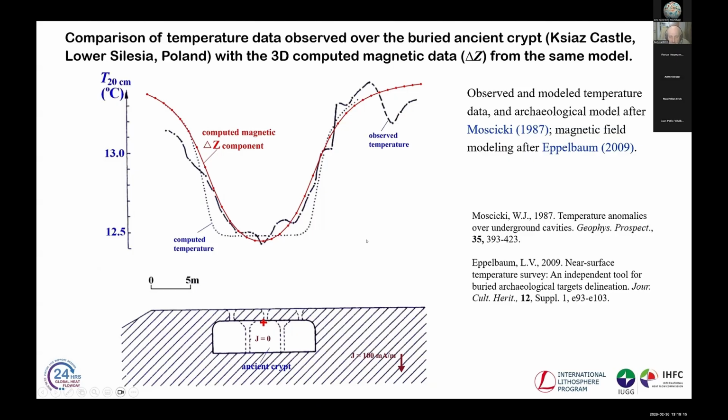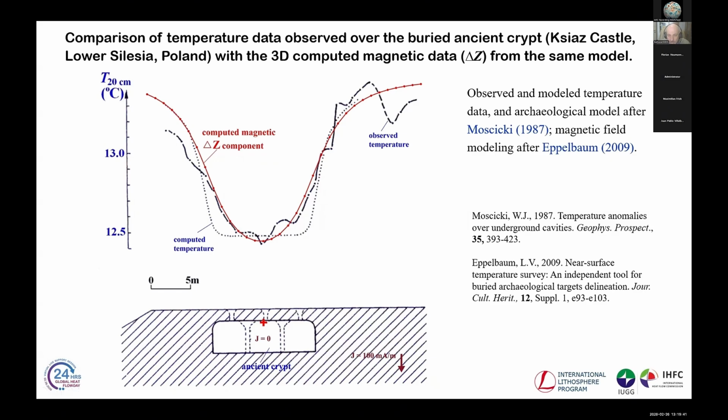And here I calculate the Z component from this model of the magnetic field with a vector oriented downward. This model coincides best with the observed temperature, that's the temperature model.